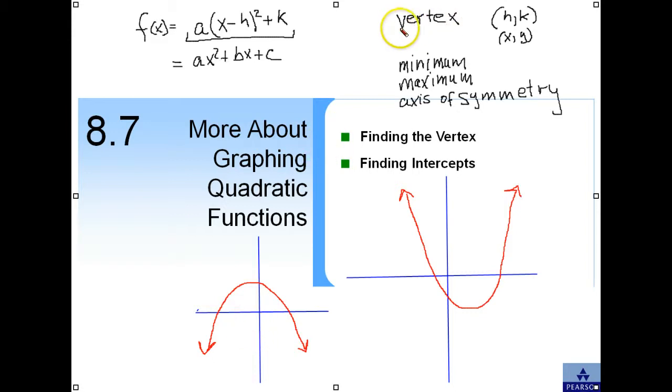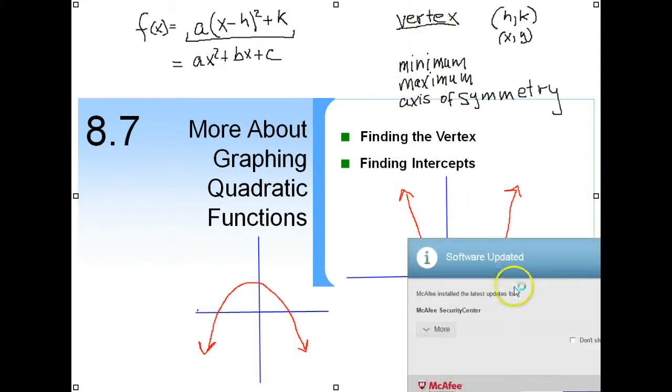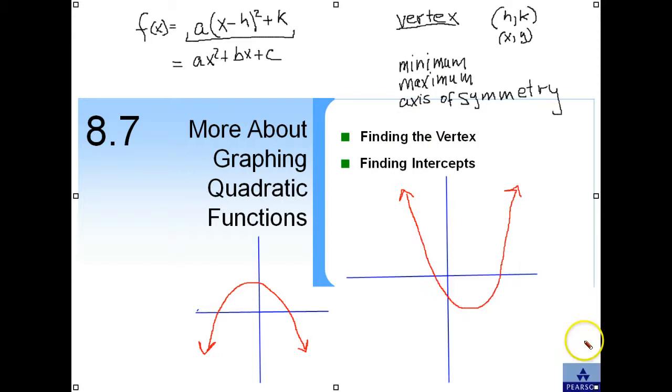And then we mentioned the word already, vertex. The vertex of a parabola, if A is positive, is given by the coordinates h, k in this formula, and that would be an x value for the h, a y value for the k.